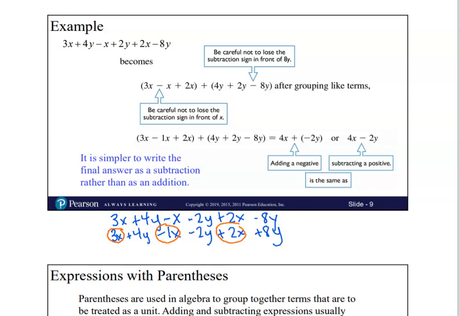So from there, what I know is I can do 3, this is a positive 3, minus 1 plus 2. So 3 minus 1 plus 2, and that's going to get me my term in front of my x raised to the first power. So 3 minus 1 is 2, and 2 plus 2 is 4. So if I combine like terms, I'm going to get 4x there.